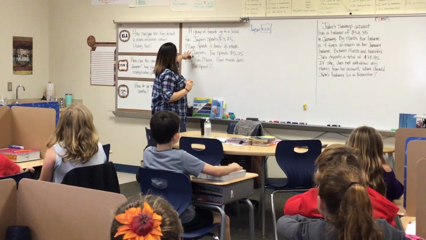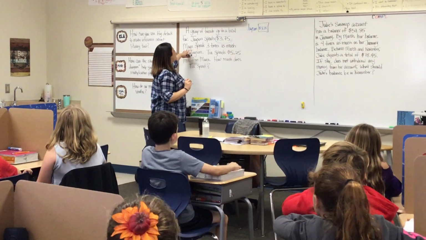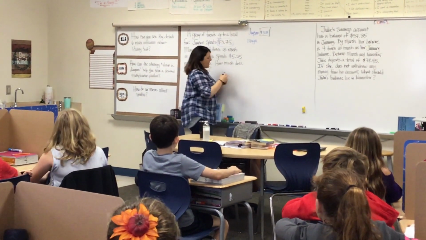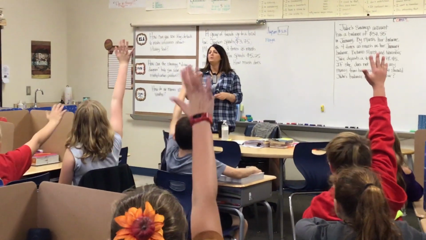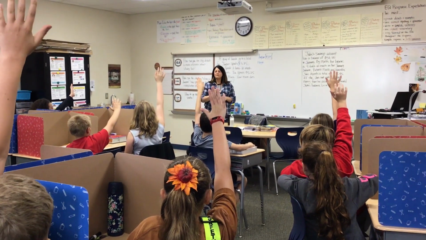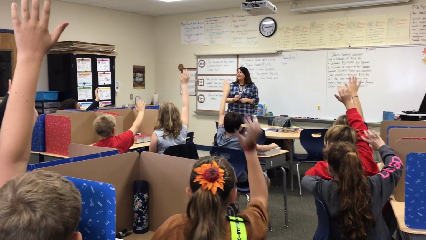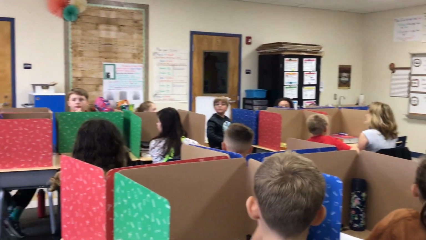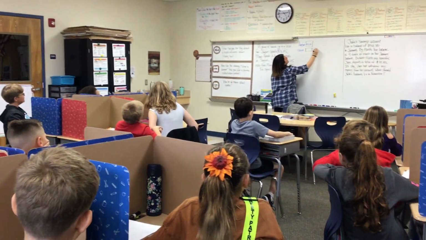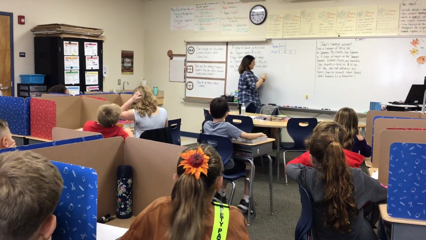The clue that we have about Maya is that she spends 3 times as much as Jason. So when we write Maya, how many boxes should be placed next to Maya's name? My new student, Tyler. 3. 3 boxes. Good job, Tyler. So we're going to put 1, 2, 3.